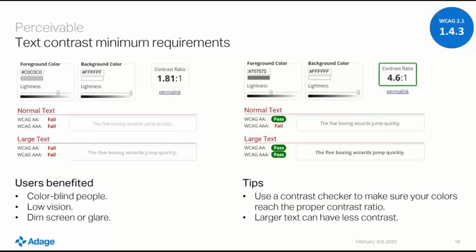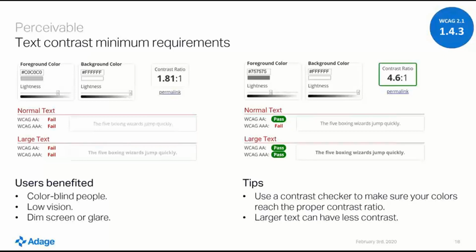But note that if you use an image of text, and the image of text is also used to convey any sort of information, then that is covered under this guideline. Although, as another best practice, we should really avoid using images of text. That is against the best practices.